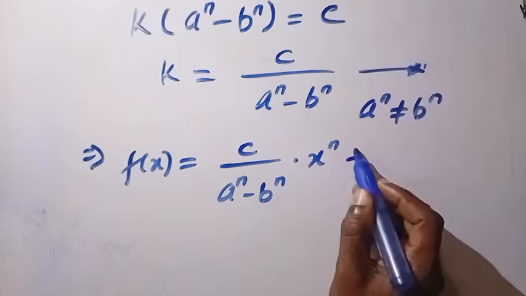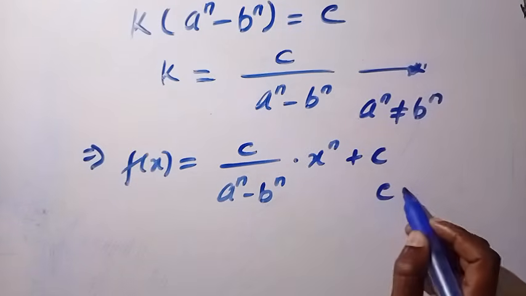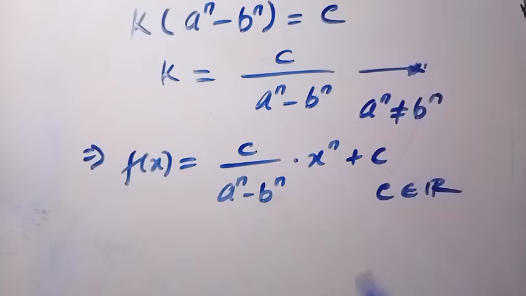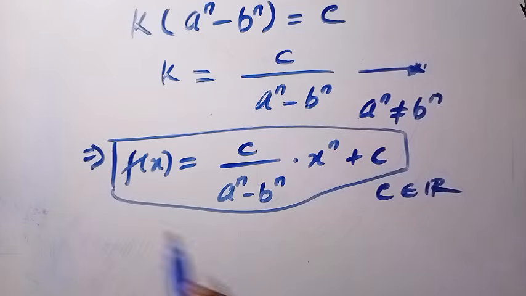If you like, we can put plus a constant. Note that this c here is a member of real numbers. So let's consider this as the general method for this kind of functional equation.